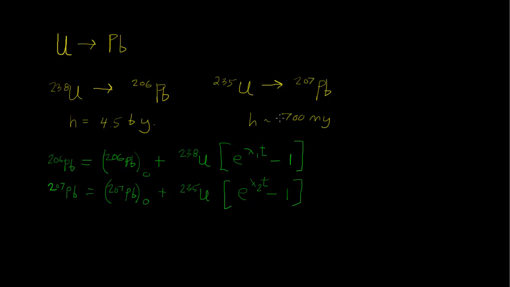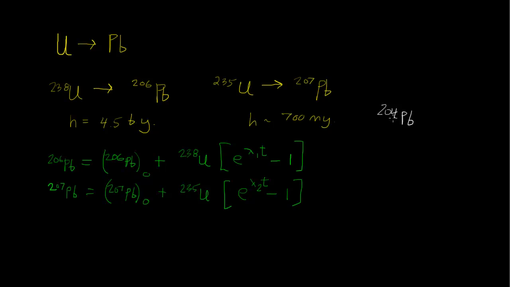Now, in addition to the 206 lead and the 207 lead, which are leads produced by radioactive decay, there's another isotope of lead, lead-204, which is both stable and not produced by the decay of any other isotope. So the amount of lead-204 in a rock doesn't change.